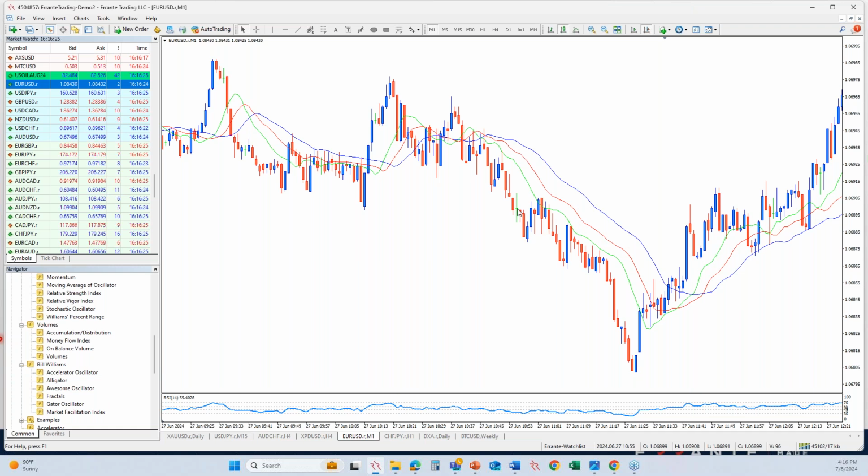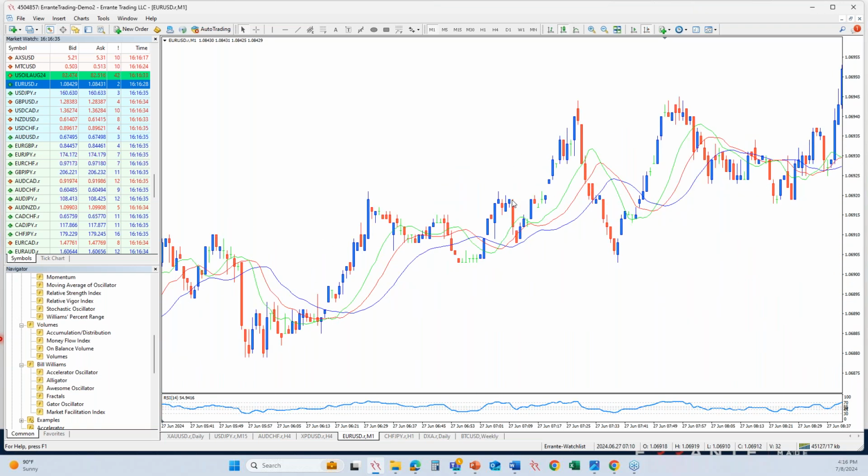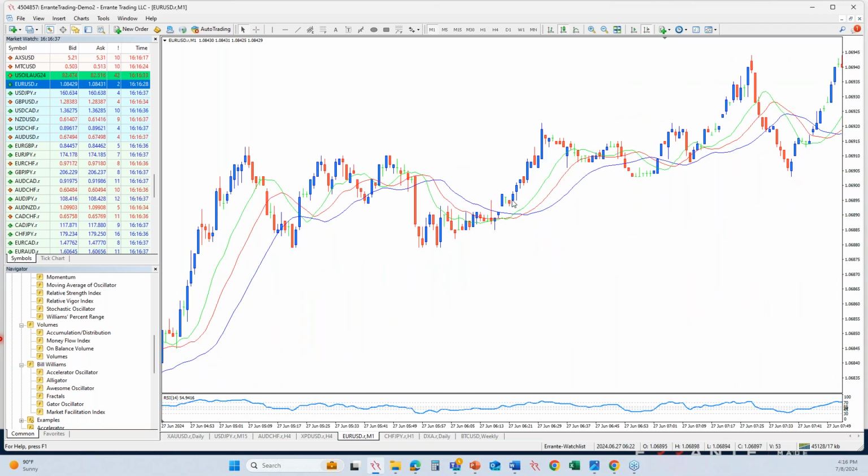We can use the relative strength index or RSI, or other moving averages, or MACD. For example, in an uptrend, an RSI above 50 or a bullish MACD crossover can provide additional confirmation.